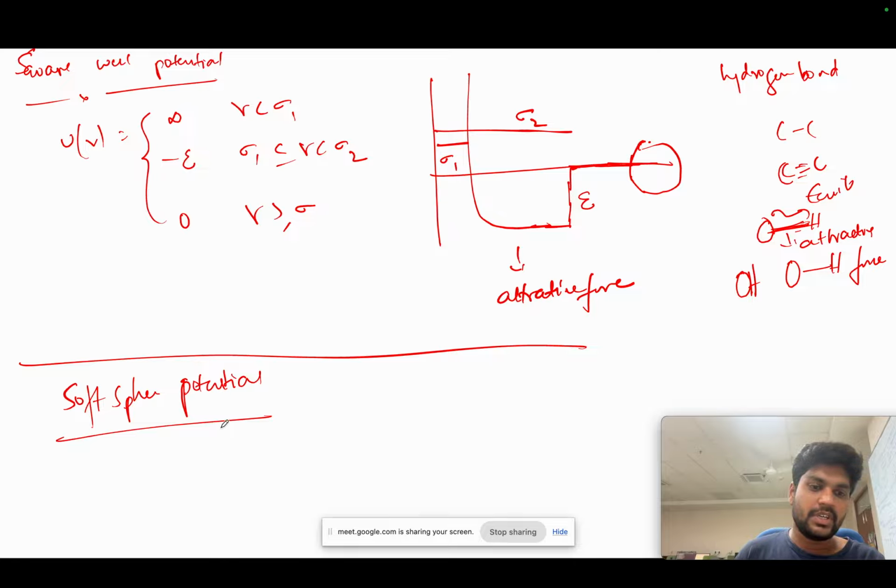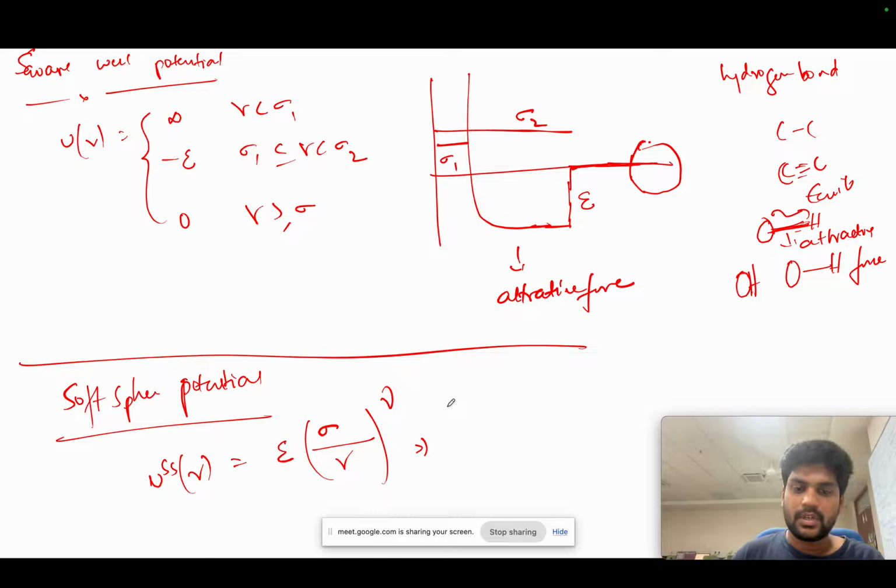Here he mixed both, like he mixed the hard sphere and square well. He mixed both and he got the function of epsilon sigma by r whole to the power v. If you take the common, this is constant, this is constant, and only the radius is changing between the two molecules.